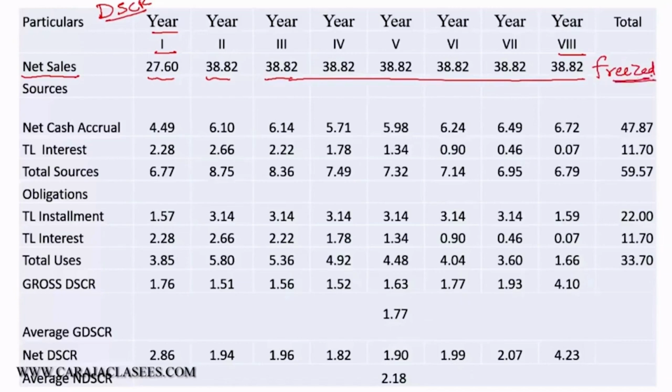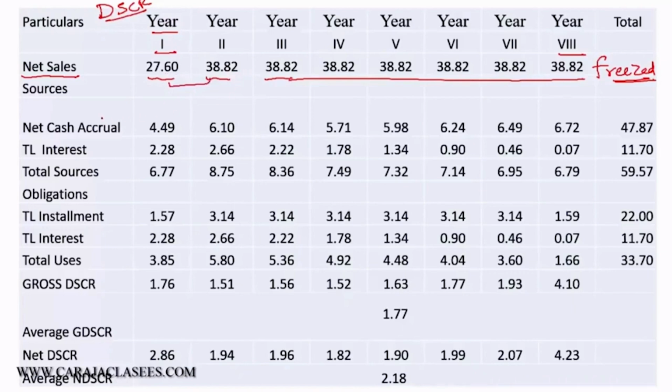It means no year-on-year increase in net sales is projected. This is basically on the conservative side, but in reality year-on-year it can increase, but here the bank is going on a very conservative calculation. So there is almost a 10 plus crore increase from 27.6 to 38.82 crore.